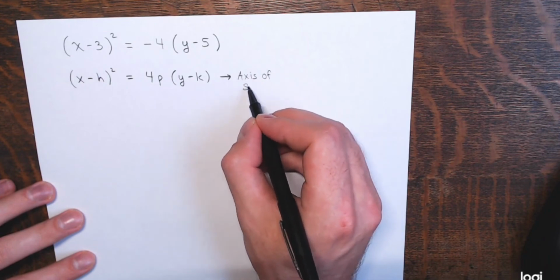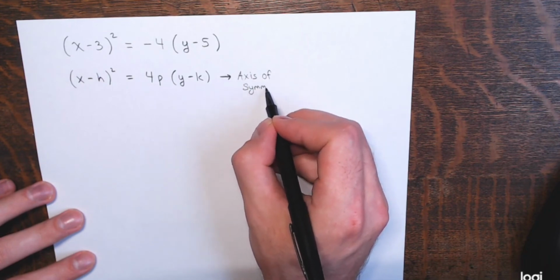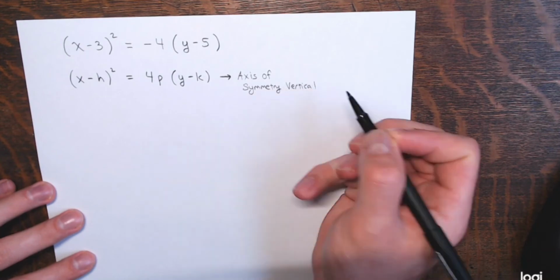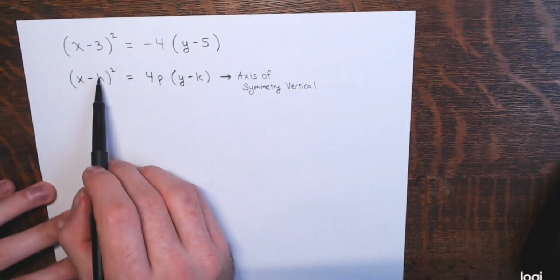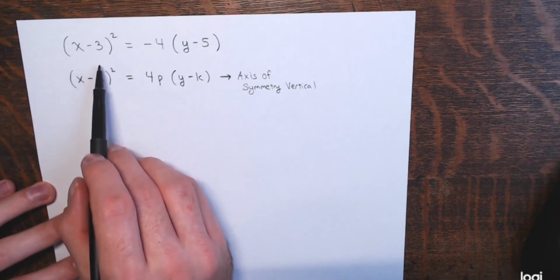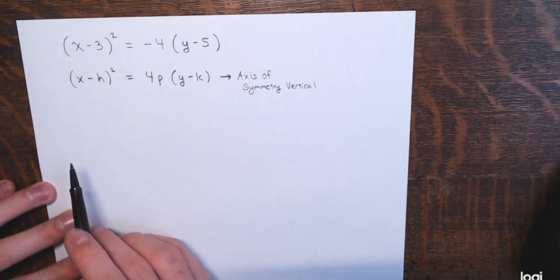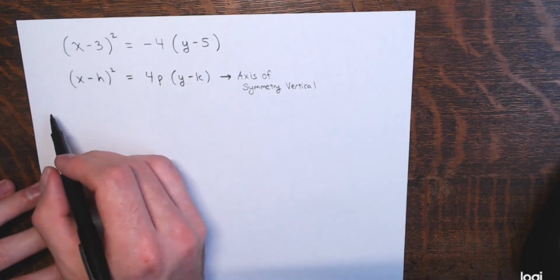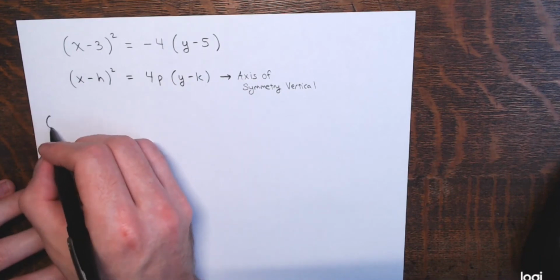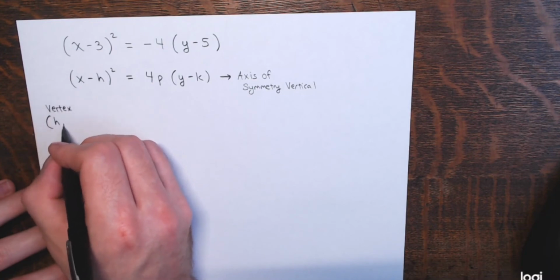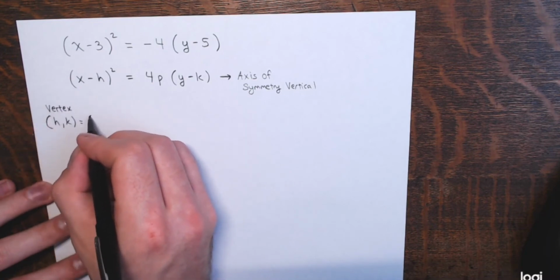The axis of symmetry is vertical, a vertical line in this case. I hope it's obvious that the value of h is 3 and the value of k is 5. So that's the vertex. And I'll start drawing this.